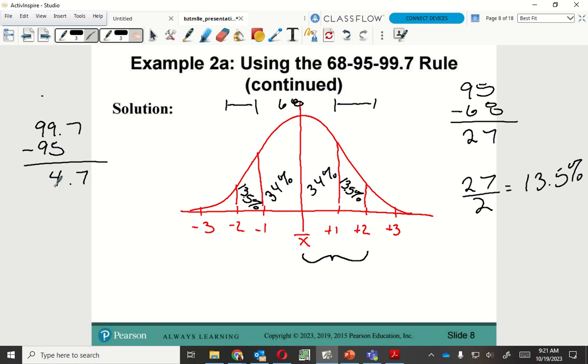Divided by 2. Very good. Yes, divided by 2. Which is going to give me 2.35%. So this one right here is an extra 2.35, and right here also.